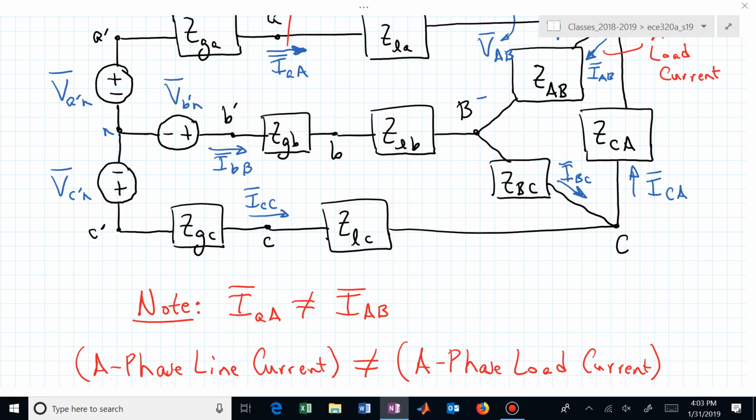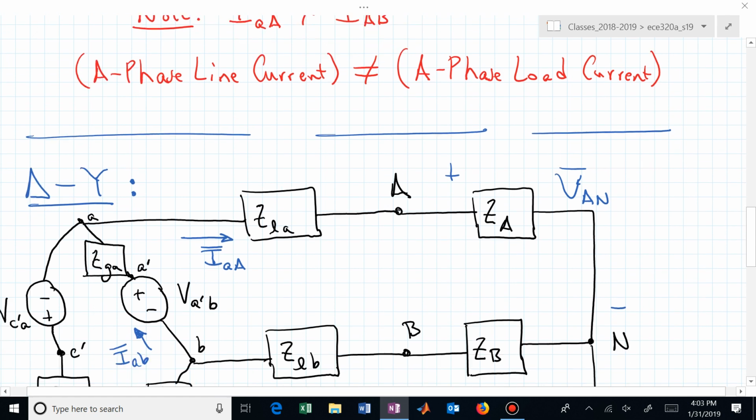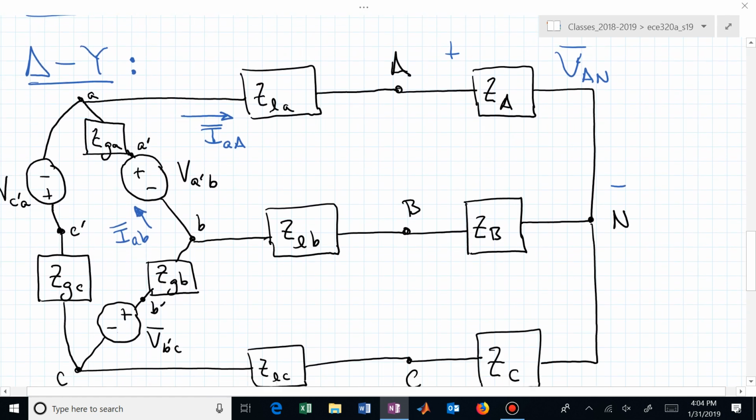The line current was the same as the A phase load current. I want that point to be clear by the end of today's class.